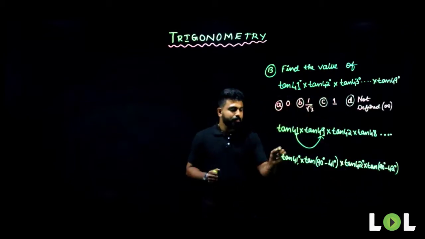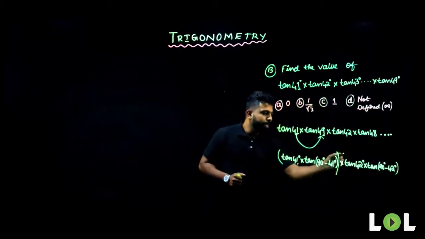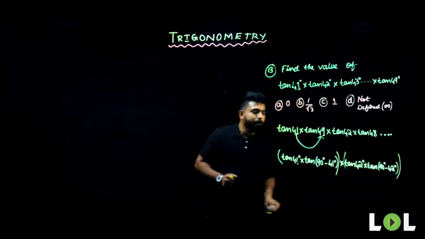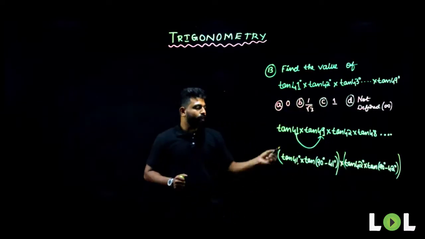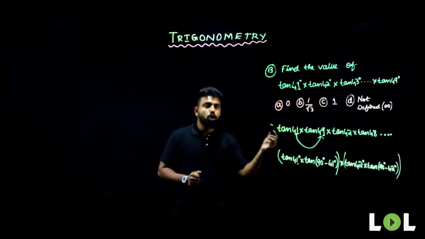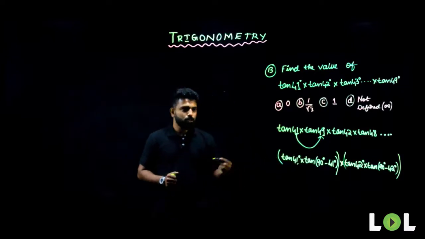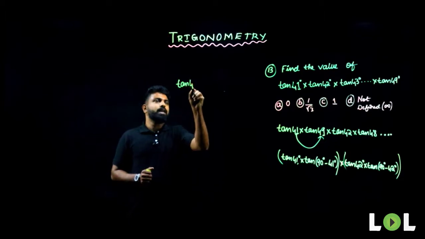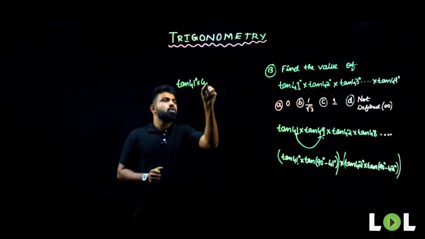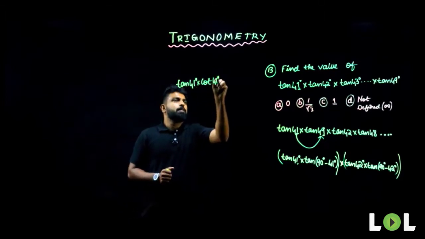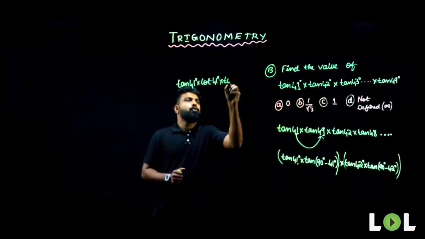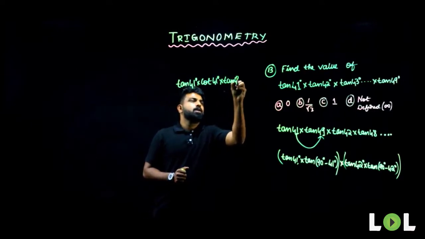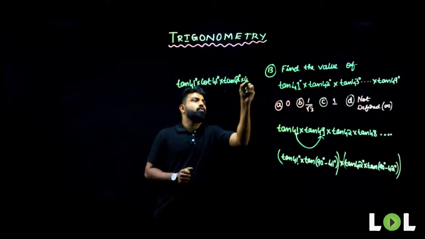So now again, similarly, I'll consider this as one pair, these two as one pair. Now I know that tan of 90 minus 41 can also be written as cot of 41 degrees. So what will be the value here? It will be tan 41 degrees into cot 41 degrees into tan 42 degrees into cot 42 degrees.